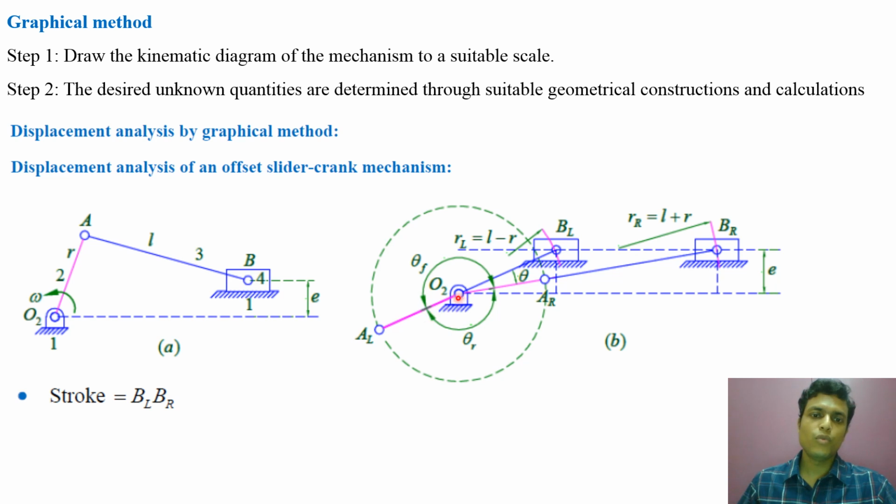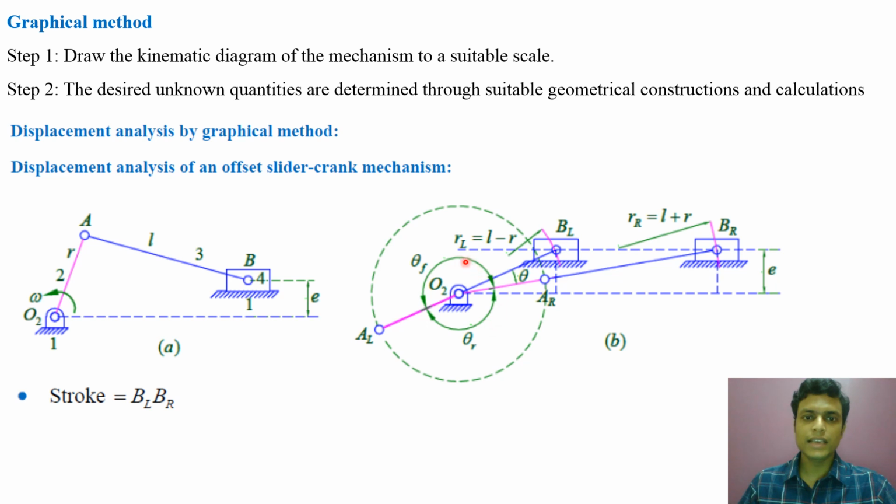Now from O2AL, the crank maintains its rotation with uniform speed and comes to O2AR, and in this corresponding rotation of the crank, the slider moves from BL to BR, that is the return stroke.